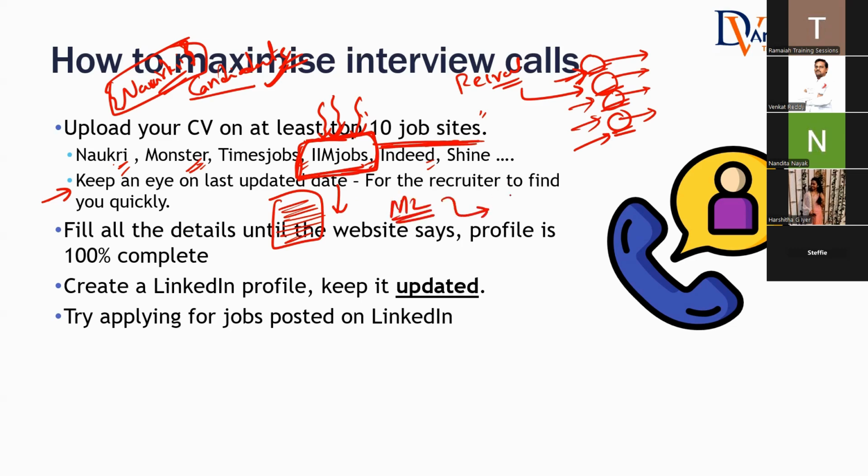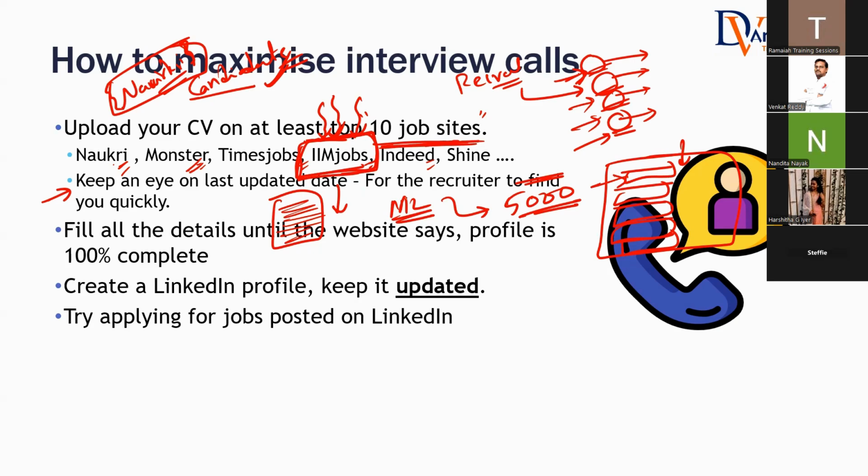For machine learning, I can see that there are 5,000 profiles that are fulfilling my criteria. Now, these 5,000 profiles will be sorted based on the last update date. Let's say somebody has updated the CV 2 years back. Obviously, that person may not be looking for a job right now, so that person will be ignored.